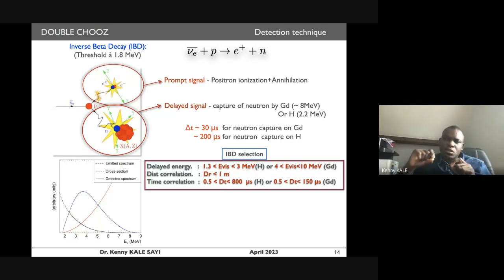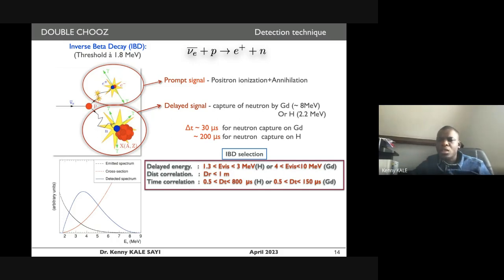So what we do in our experiment is detect this positive electron, e+, and this neutron. If I detect the e+ and the neutron, I can be sure that a neutrino entered my detector and interacted with a proton of my detector. So the e+ and the neutron are the signature of a neutrino interaction inside our detector.